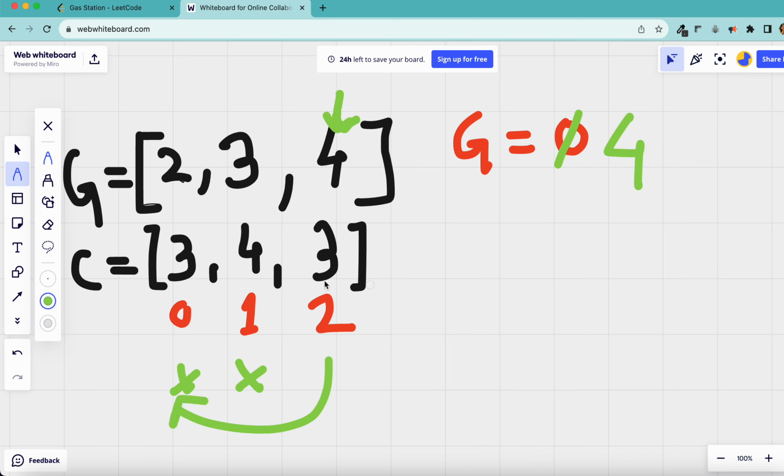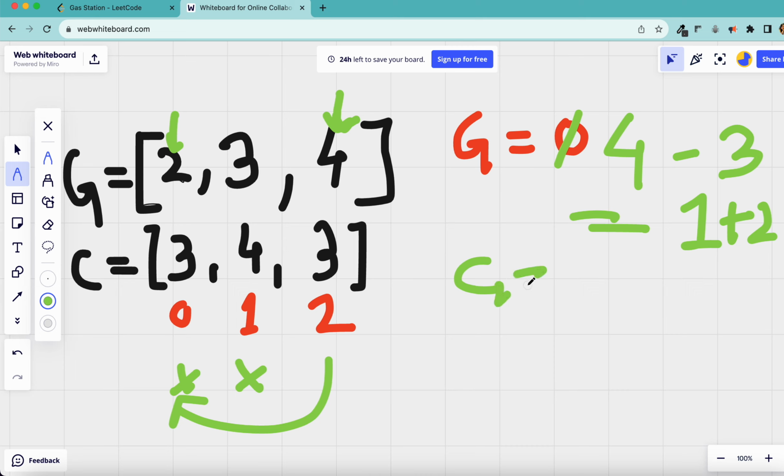Now if I come over here, I add this gas, so I am filling +2, so my gas over here is total 3. Now if I want to move from here to here, it will cost me 3, so it will become 0, and I'm adding this 3.